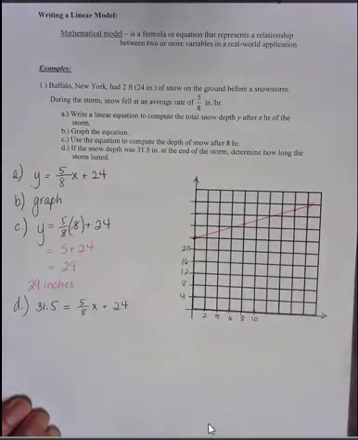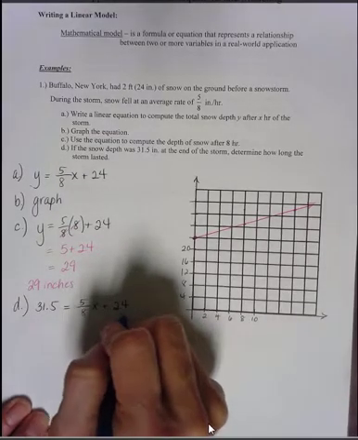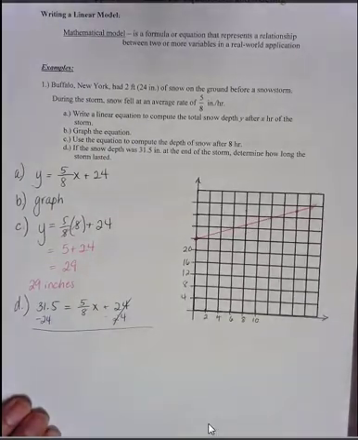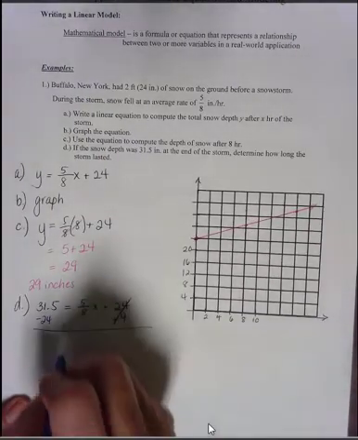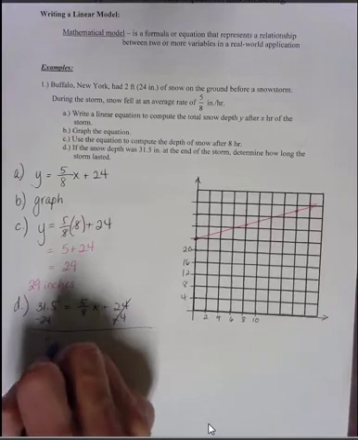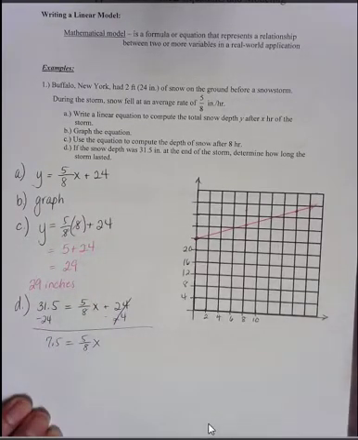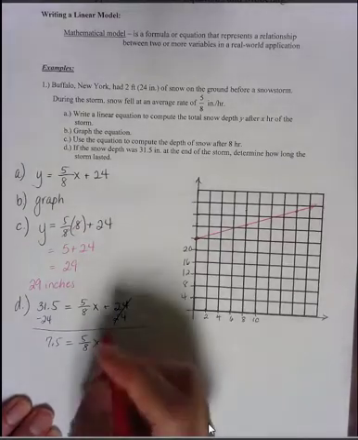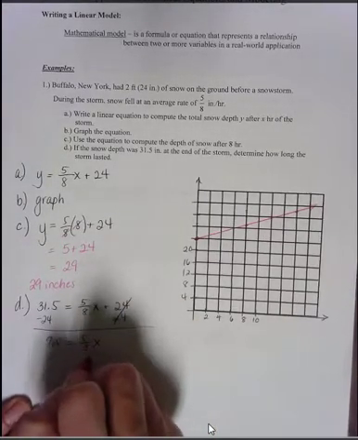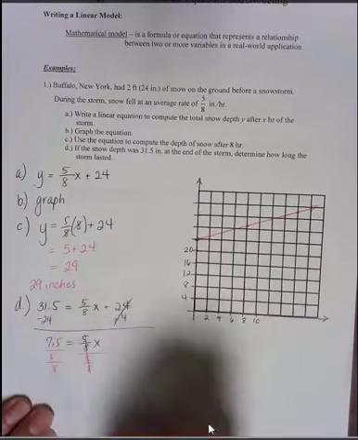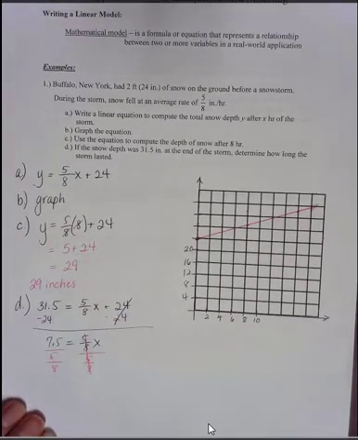We'll use inverse operations to isolate the x. 31.5 minus 24 gives us 7.5. Then we can divide by 5/8, or you could, of course, multiply by the reciprocal 8/5.